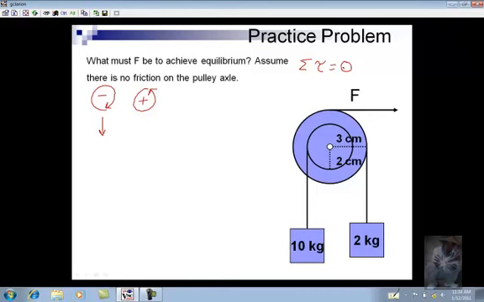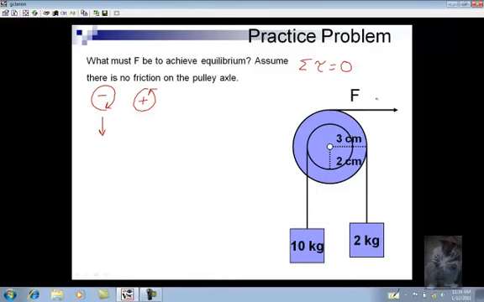They equal 0. If the axis of rotation is in the center, how many forces are on this setup? There's 3: two weights that are producing two different forces, and this force that's pulling to the right.